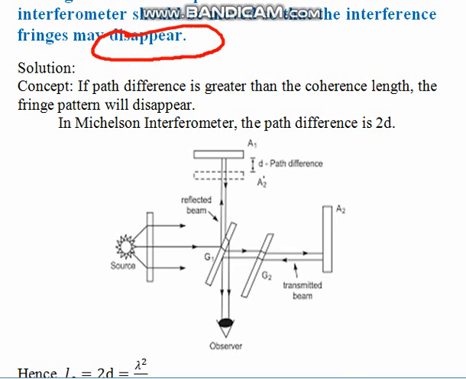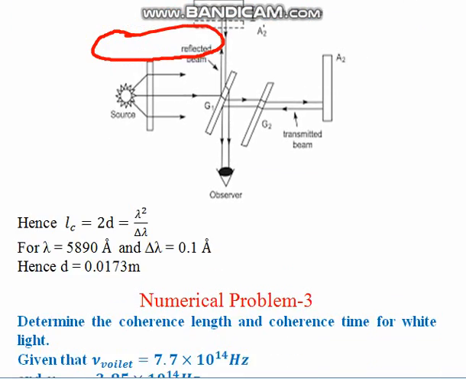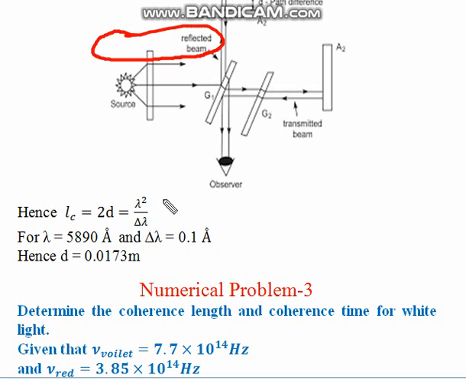So 2d is equal to LC, which is lambda squared upon delta lambda, and putting in the values we calculate the distance d equal to 0.0173 meter.